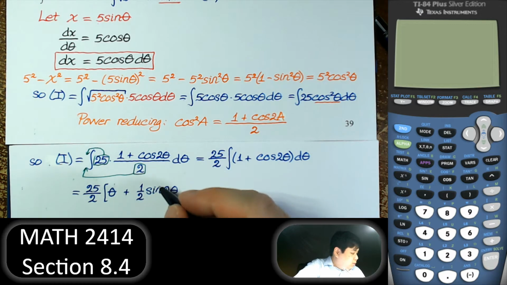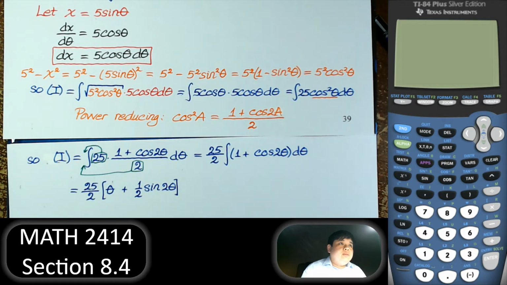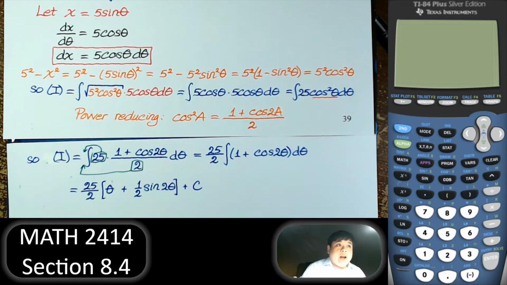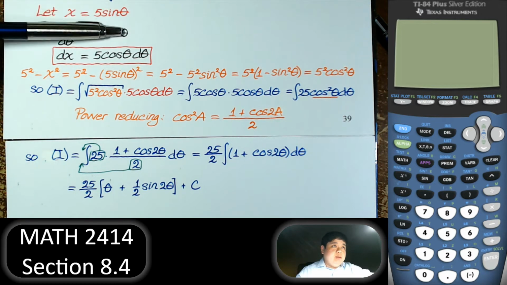Now, of course, plus a constant c. That is correct. However, I remember the question originally had x, so we have to write this in terms of x. So now we have to go back to the previous step.